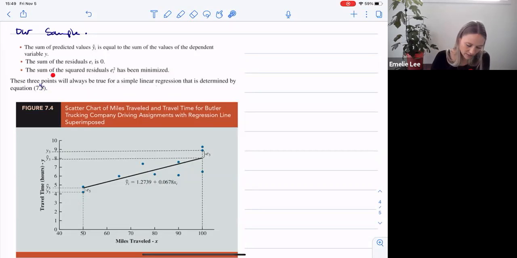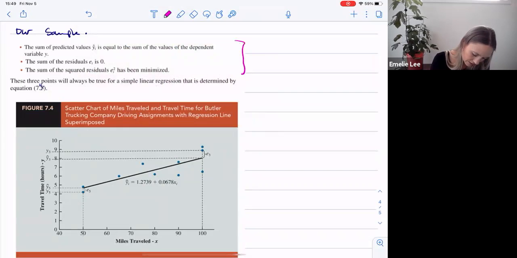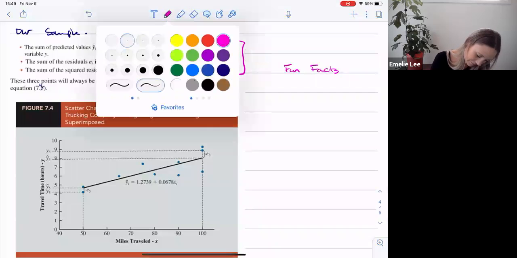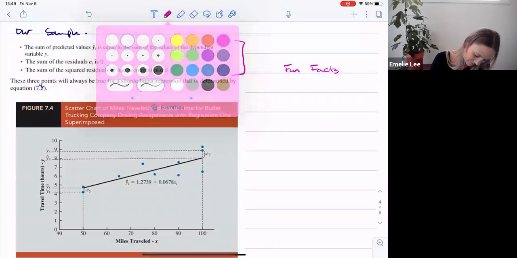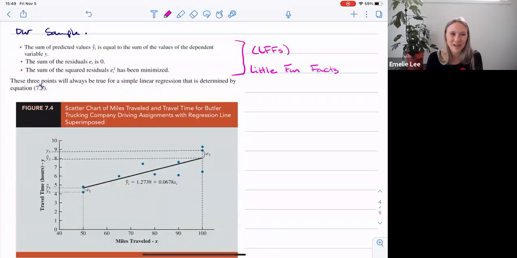And then, of course, the sum of the squared residuals has been minimized. So these are just little fun facts.